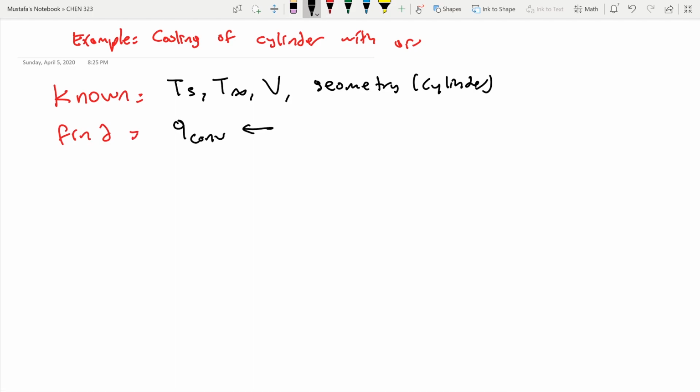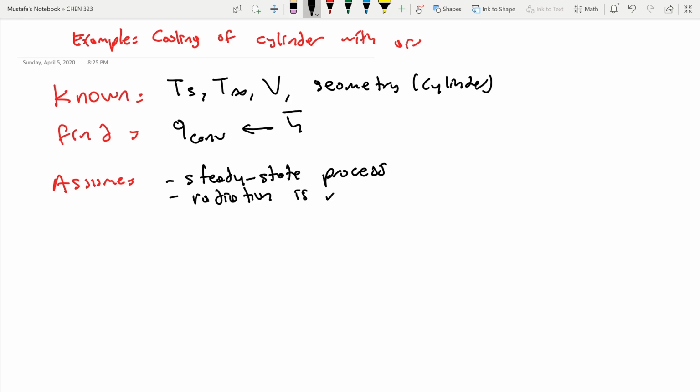That requires actually H average. We'll assume this is a steady state process. We'll assume radiation is negligible. We'll assume that air is an ideal gas.